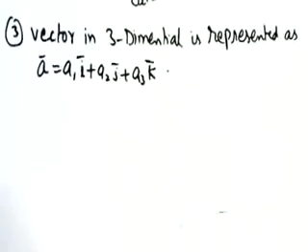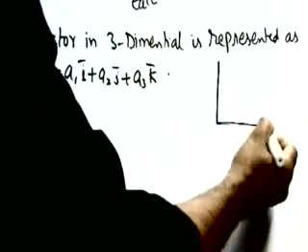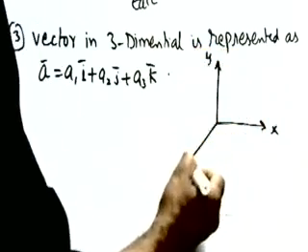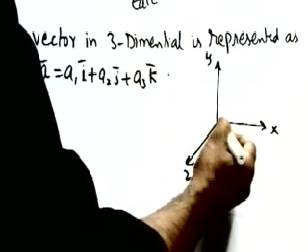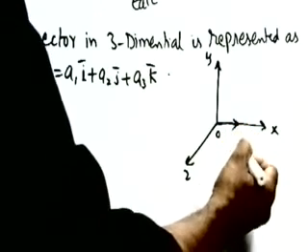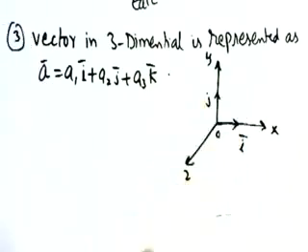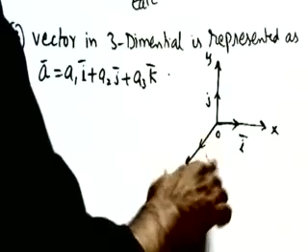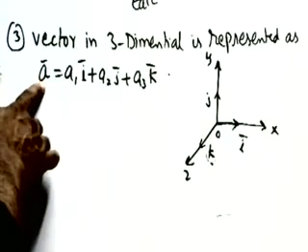Now the next thing is a vector in three dimensions. Suppose we are having a three-dimensional vector. Suppose this is the x-axis, y-axis, and this is the z-axis. Now a unit vector, which means magnitude is 1, in the x-axis direction we denote by i. In the y-axis direction we denote by j, and in the z-axis direction we denote by k. So this i, j, k are the unit vectors along the x-axis, y-axis, and z-axis.